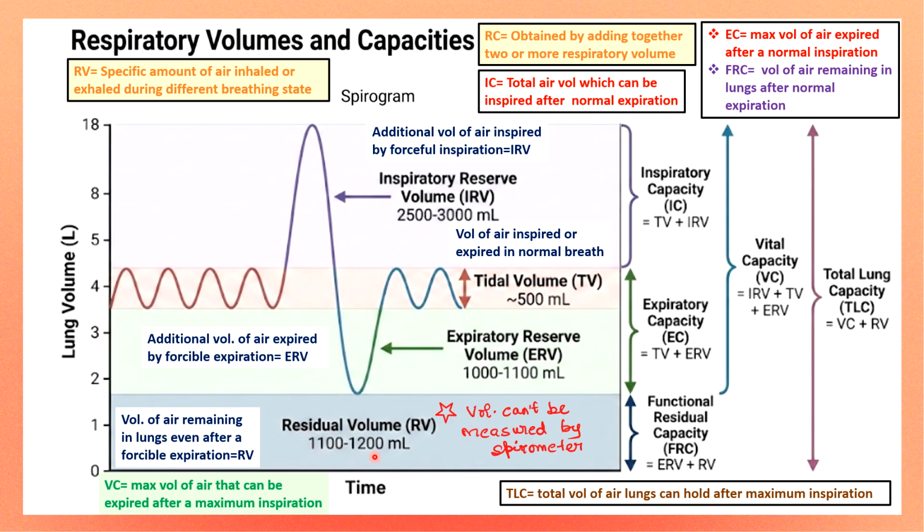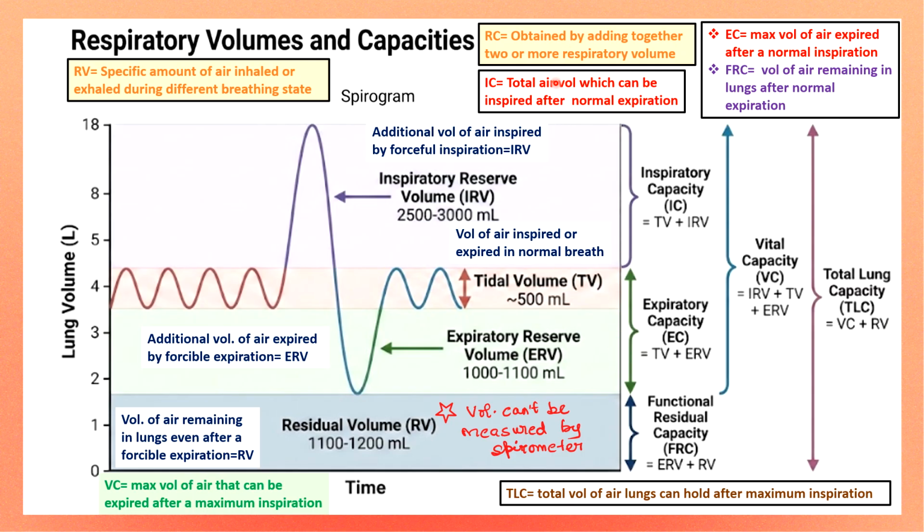So the volume of air remaining in the lungs even after a forceful expiration is called residual volume and is equal to 1100 to 1200 milliliter. This is the respiratory volume which cannot be measured by spirometer. Very important, because we can indirectly calculate it, but we cannot measure it directly because it doesn't come out. It is always present inside the lungs.